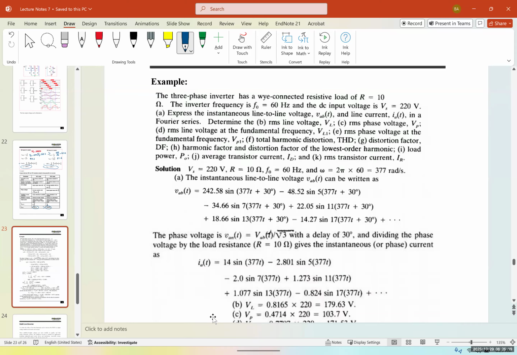So the first thing we want to do is find the instantaneous line-to-line voltage. We can do that using this equation, which technically is the Fourier series for it.